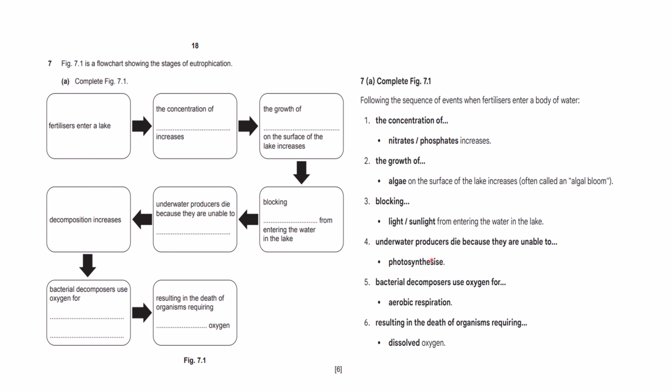Then 4, underwater producers die because they are unable to photosynthesise. Decomposition increases. Bacterial decomposers use oxygen for aerobic respiration, resulting in the death of organisms requiring dissolved oxygen. So this question carries 6 marks.